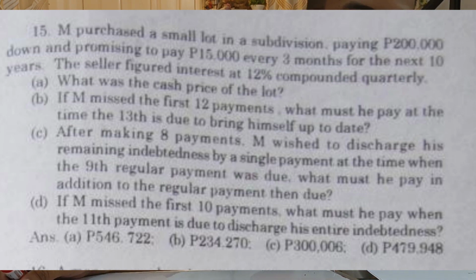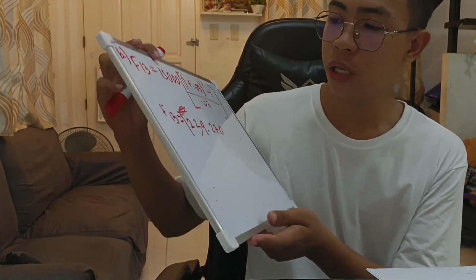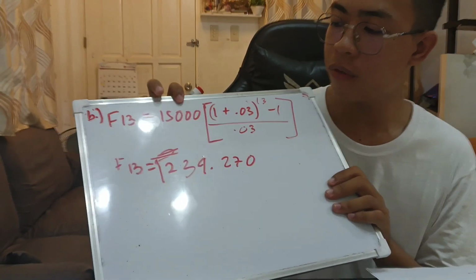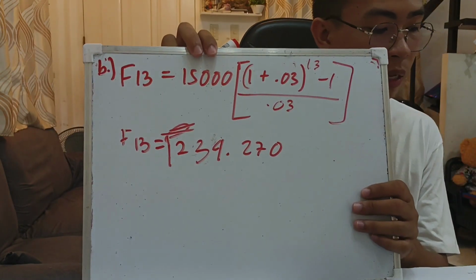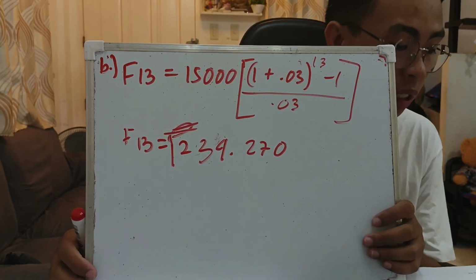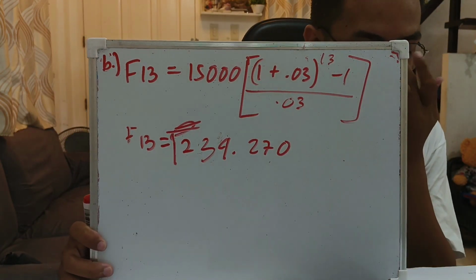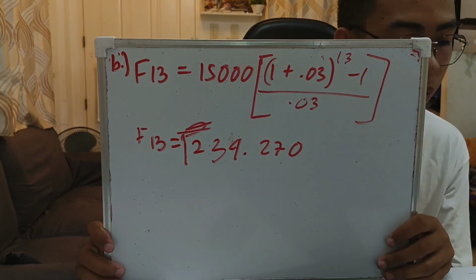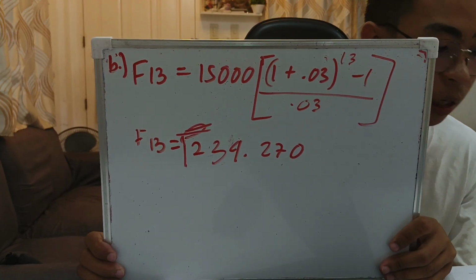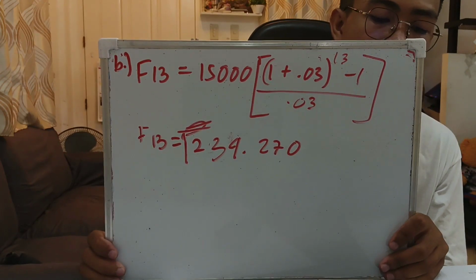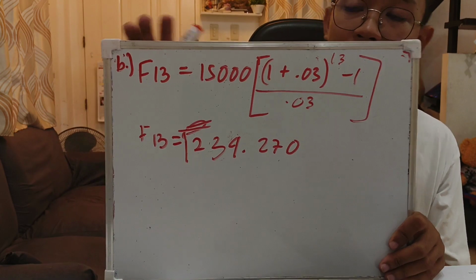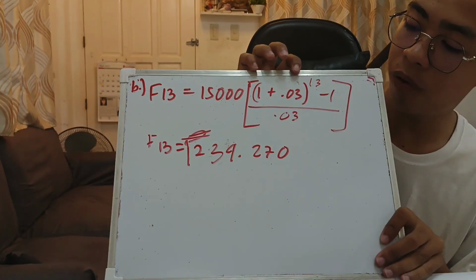Letter B. If M missed the first 12 payments, what must he pay at the time the 13th is due to bring him up to date? So F13 is what we are looking for here. So A is still 15,000 times the quantity of (1 + 0.03), where our i is 3%, and our n is 13, since it is the 13th we are talking about here, to the power of 13 minus 1, over 0.03.